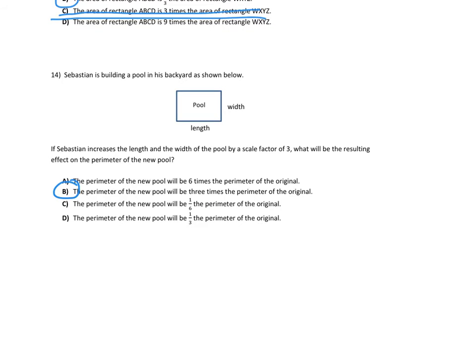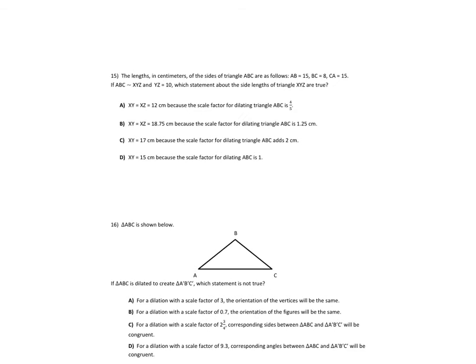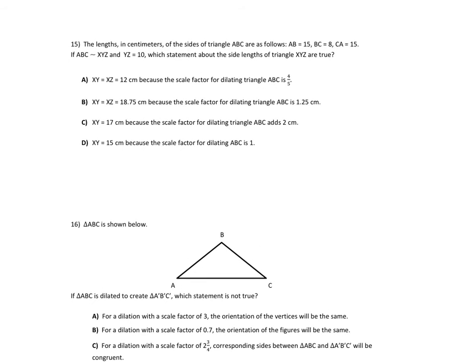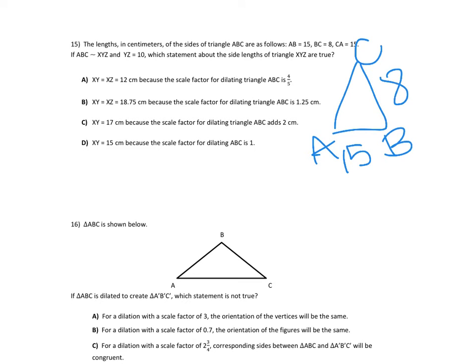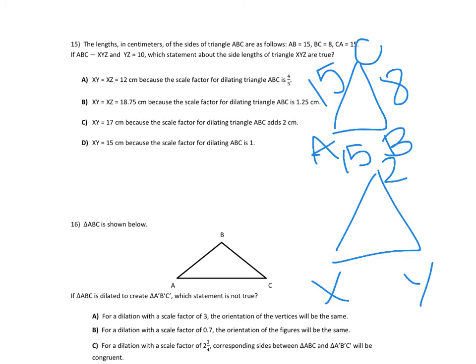Number 15, the lengths in centimeters of the sides of triangle ABC are shown below. Which statement about the side lengths of XYZ is true? I'm just going to make my own: AB is 15, BC is 8, and CA is 15. In XYZ, YZ is 10. Sorry, my pen doesn't work anymore.